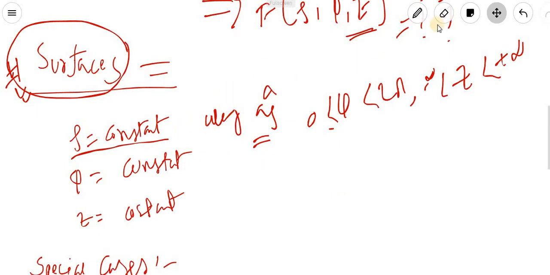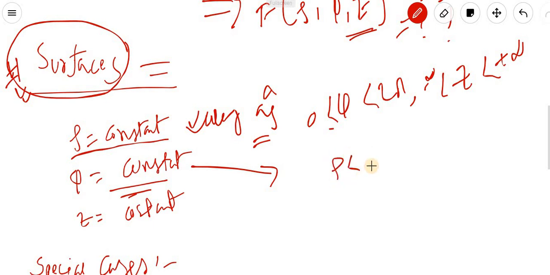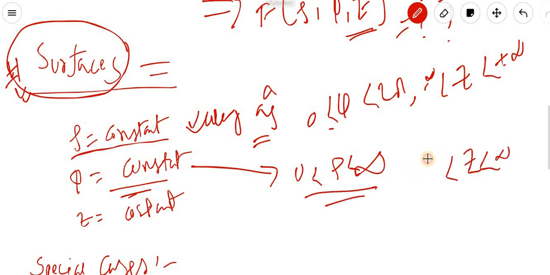Now, phi constant. If phi is constant, then obviously rho will be changing from 0 to infinity and z also from minus infinity to infinity. So which one will be the surface?